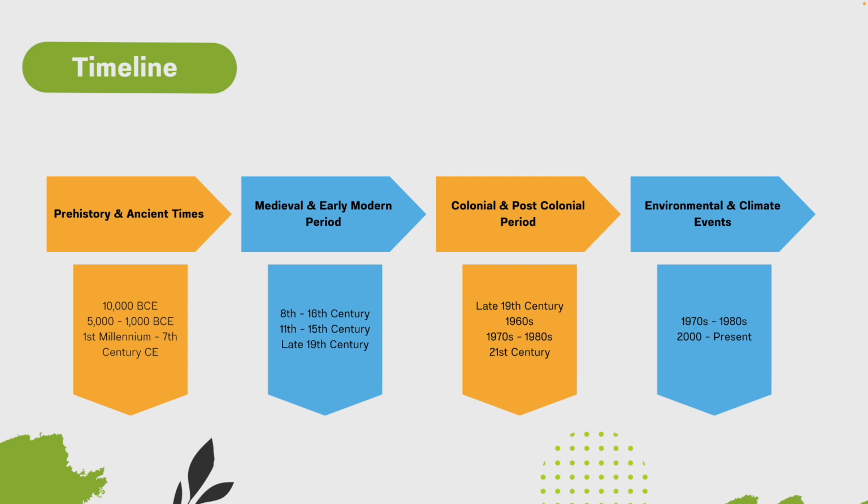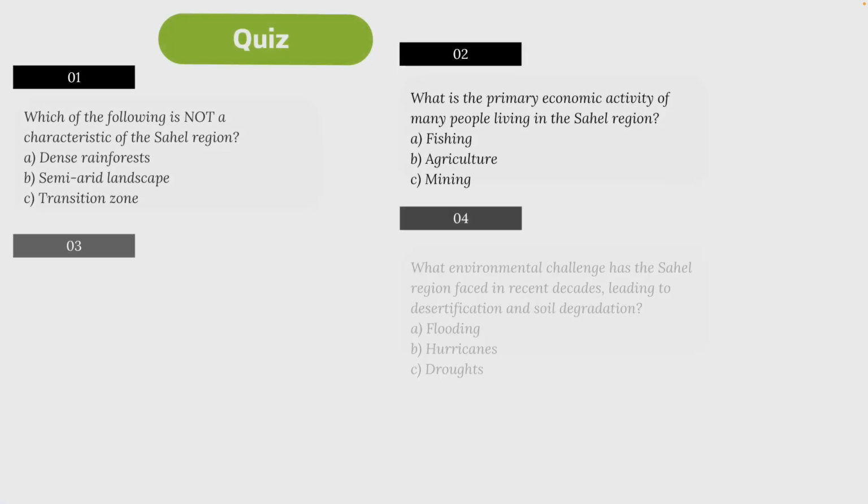So in the present day, the Sahel region remains a complex and dynamic geopolitical landscape characterized by ongoing efforts to address economic development, security concerns, and environmental sustainability through regional cooperation, international aid, and community-based initiatives.